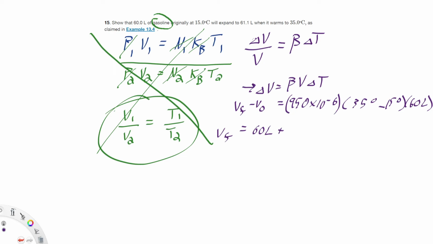So when you multiply those three terms together, you get 1.14. And then you add 60 to 1.14 and you get 61.14, and then that's 35 minus 15 is 20. Yeah. Wow. I need more coffee. Yes, it's 1.14. Yeah, and then you add it at 61.14 and you round it, it's 61.1, so yeah.